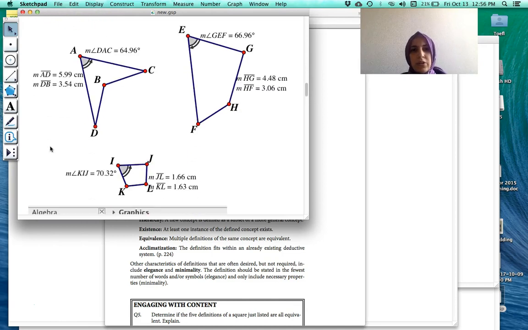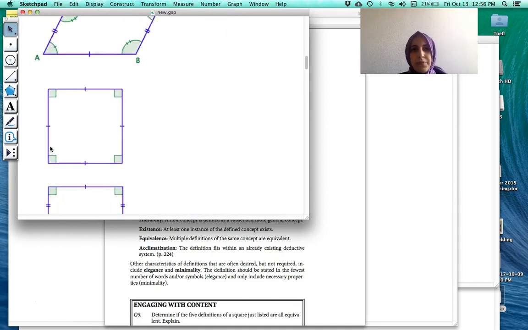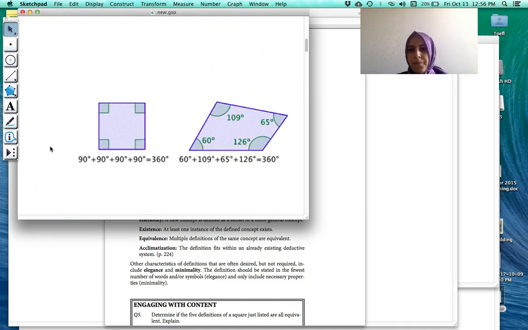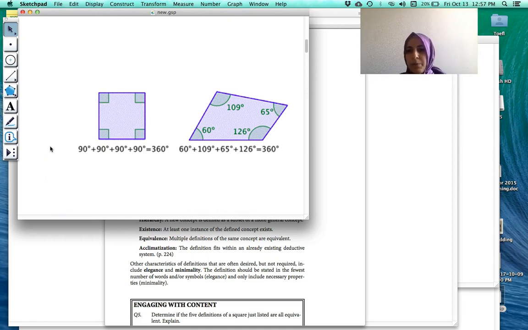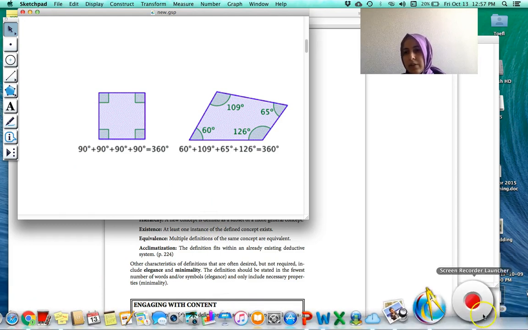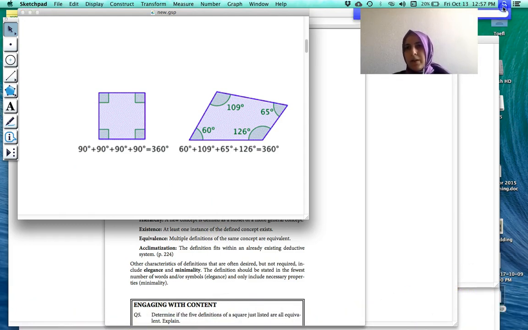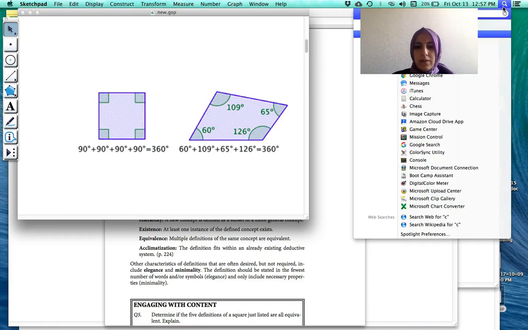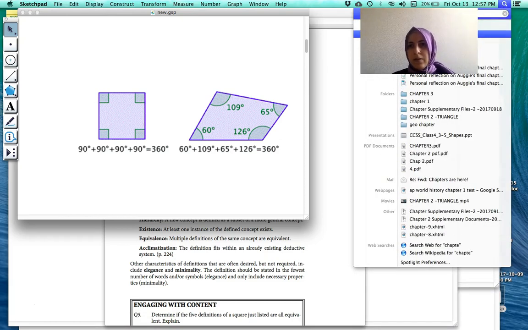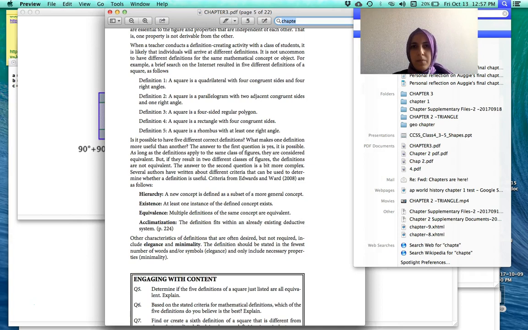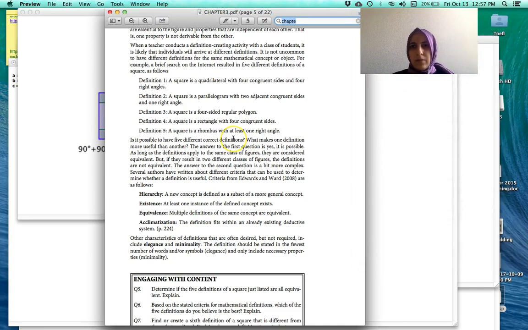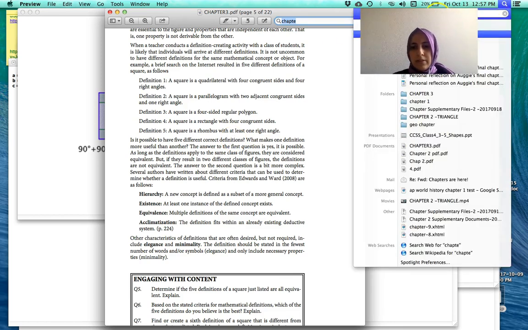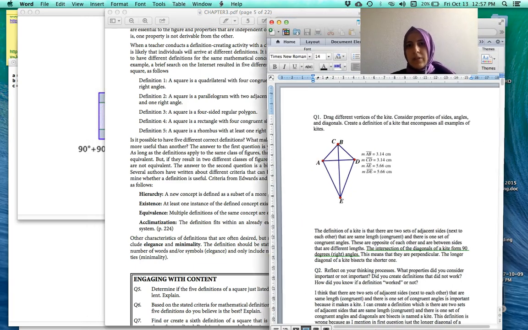Go to the sketch. Okay, four-sided polygon. Can I find it? Just a second. Chapter 3 answer.